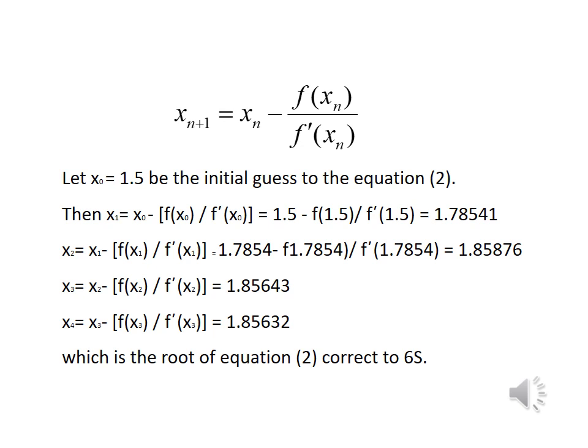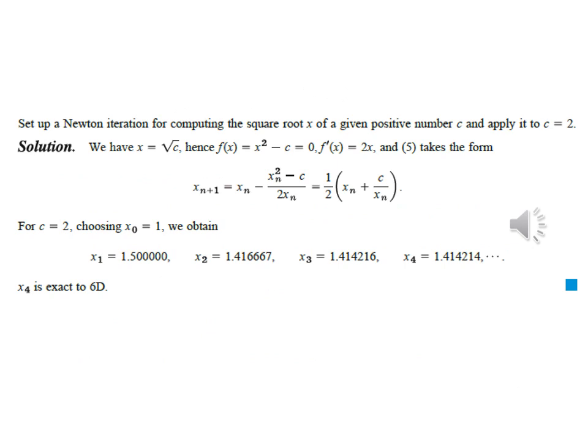Here you get the value up to 6 decimal places. You can also use this method for finding the square root of a particular number. For example, take the square root of c, with c equal to 2.